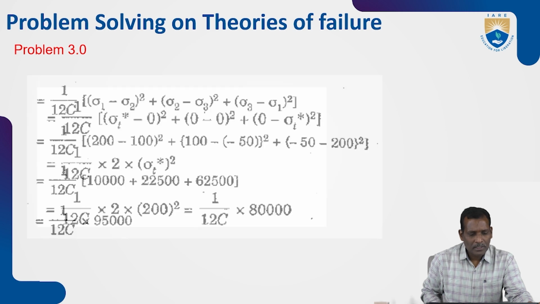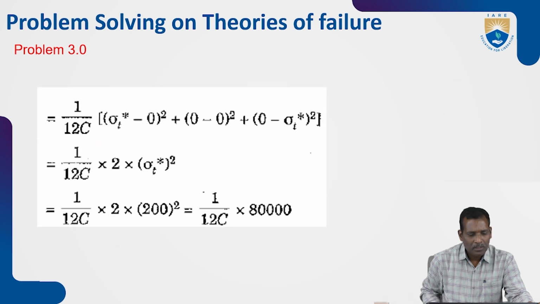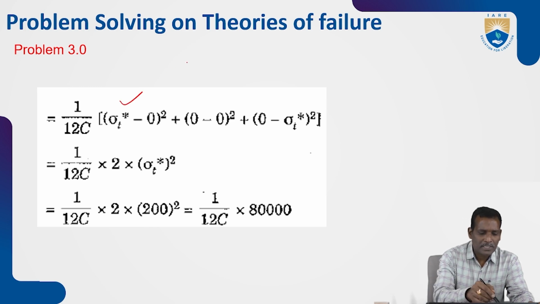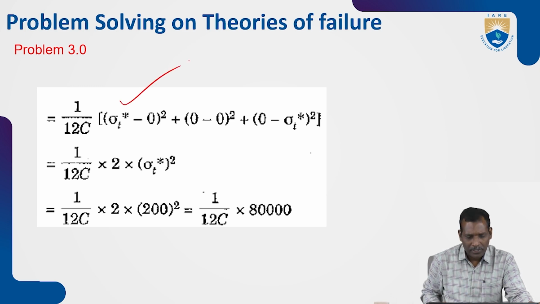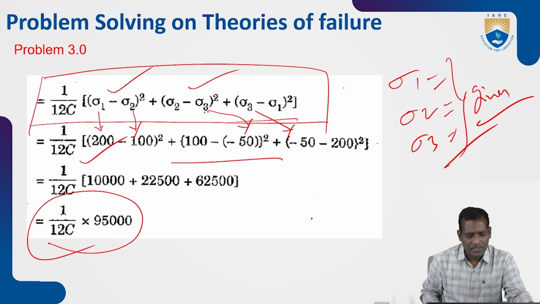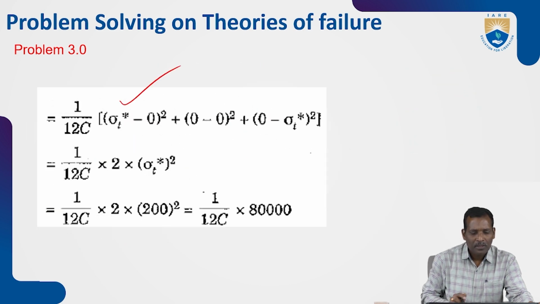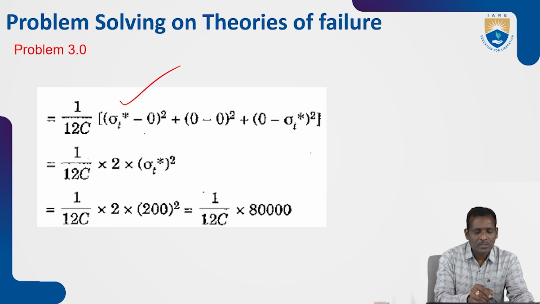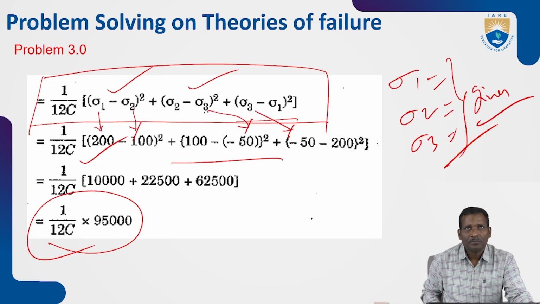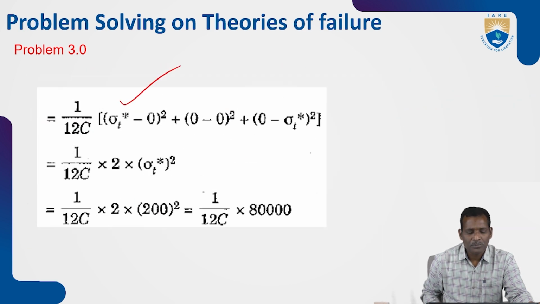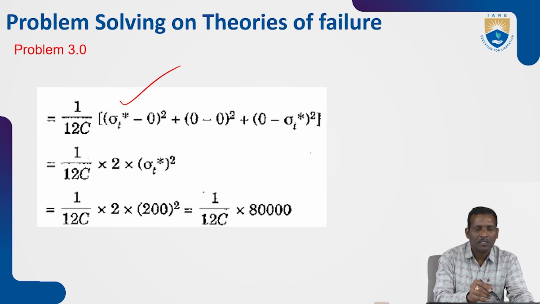So here, 1 by 12C sigma T is the elastic limit in the simple tension test. In the simple tension test, sigma 2 is 0 and sigma 3 is also 0. Only sigma T is present at the elastic limit.